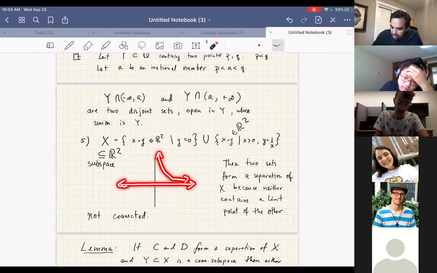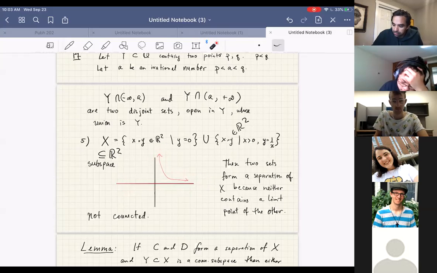it's not connected, okay? Together with the subspace topology in the plane. Even if this is getting arbitrarily close to the x-axis, you have a non-connected space. Okay?